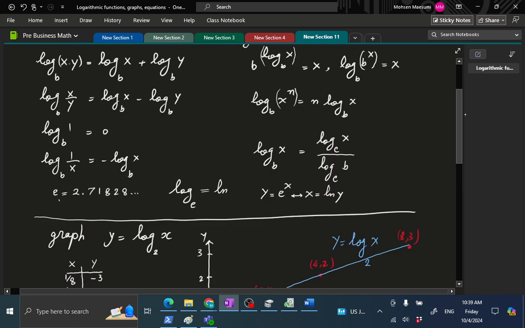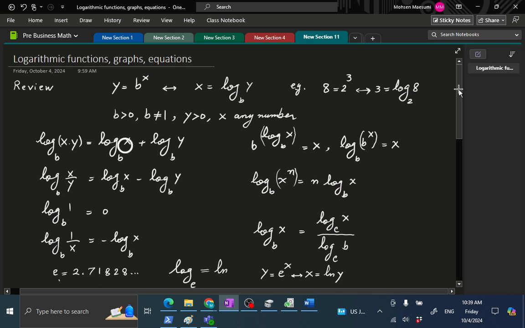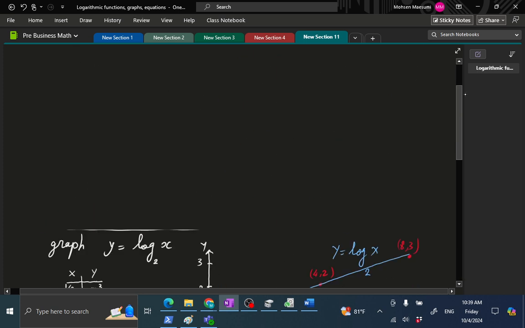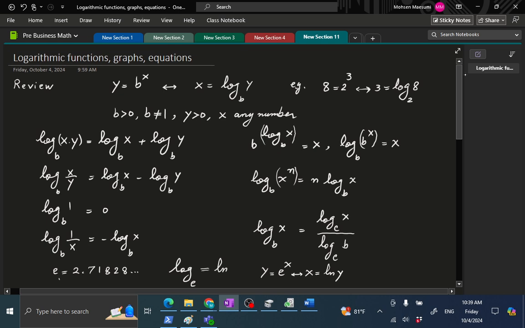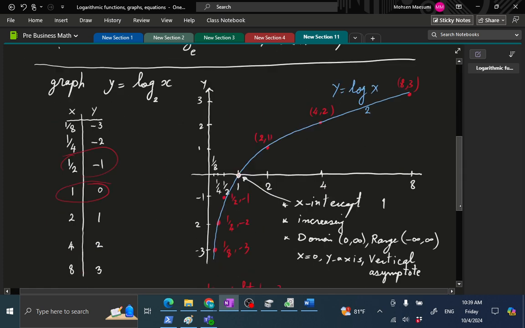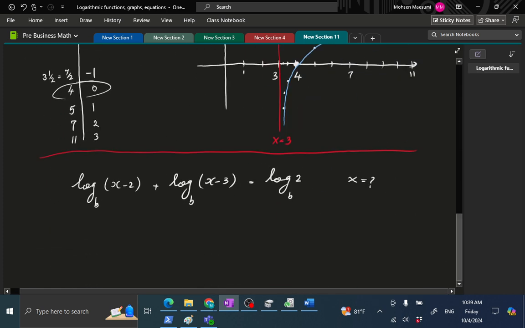So what do we have? Logarithm of x plus logarithm of y is logarithm of x times y. So we are going to use this to say the left hand side can be written as a single log.